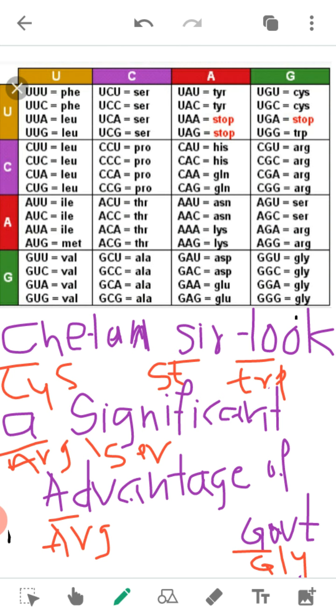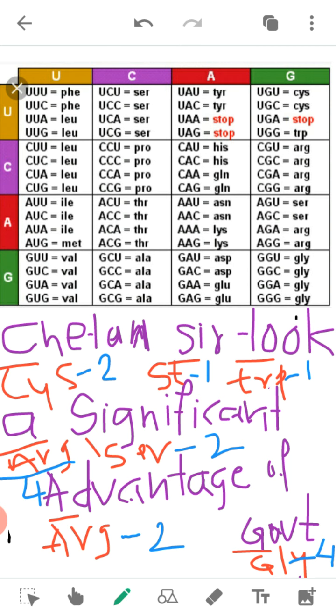The numbers are: cysteine has 2 codons, stop codon 1 codon, tryptophan 1 codon, arginine 4, serine 2 codons, arginine 2 codons and glycine 4 codons. So we can easily remember the number 21142224, along with the mnemonic Chetan sir took a significant advantage of government.